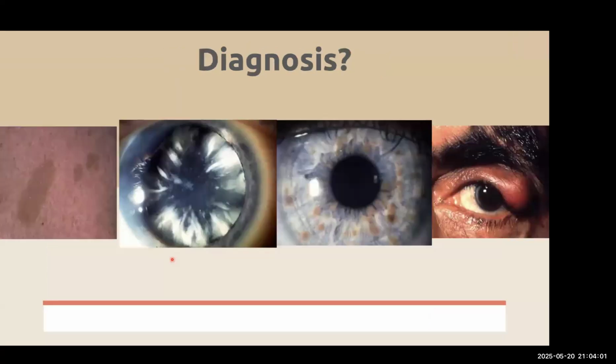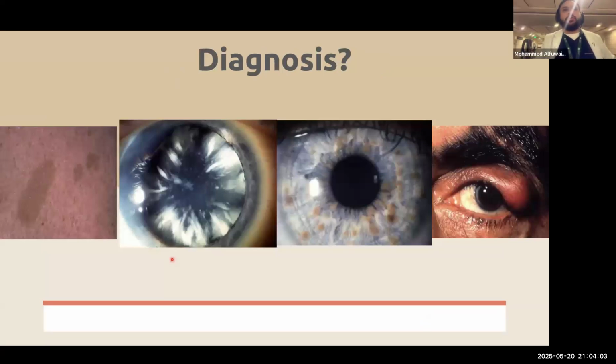Yes. So now we'll go into some systemic diseases very fast. We have this one. What is this? Okay. This is the Lisch nodules. What is this? Lens opacity.